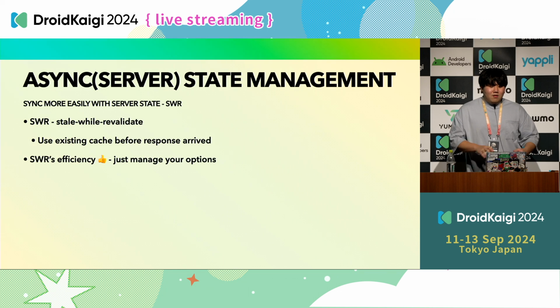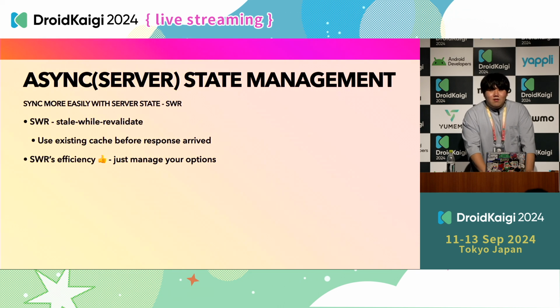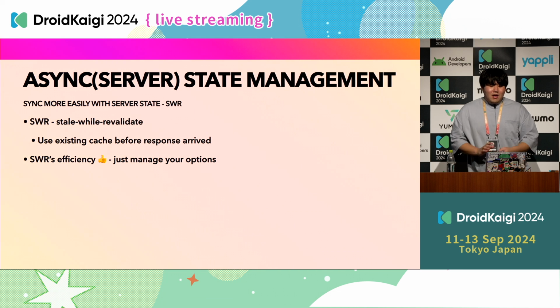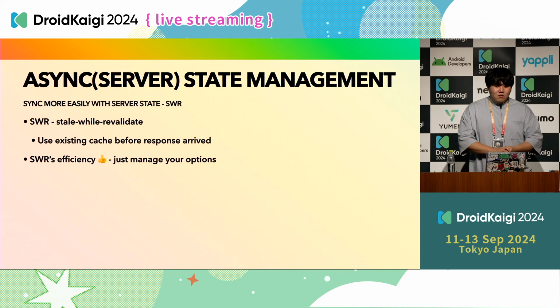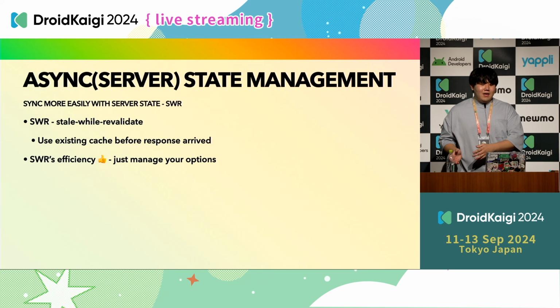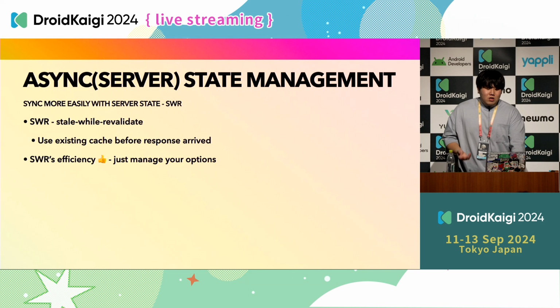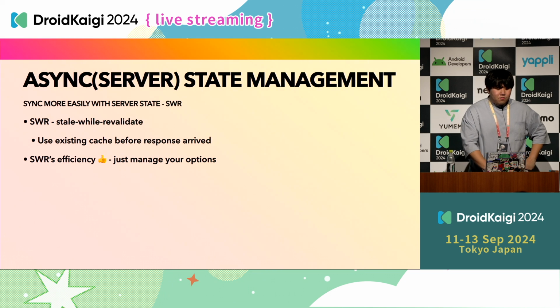In response to these challenges, the React community has introduced a new concept for state management called async state management. Before diving into async state management, I'd like to briefly introduce the SWR concept, which is the basis of what I'll explain. SWR stands for stale-while-revalidate, a strategy that allows a service to use existing cached data while fetching new data from the server.